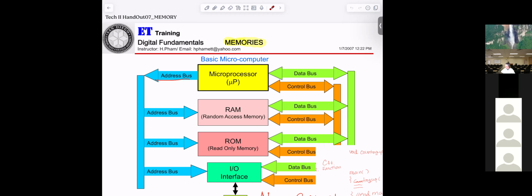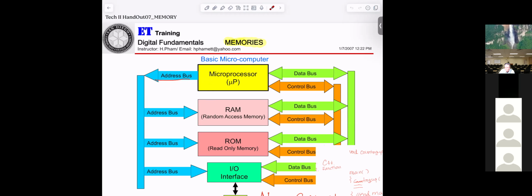See how they connected. You see the address bus for the computer now. How many wires on the address bus? Whoever knows, let me know.